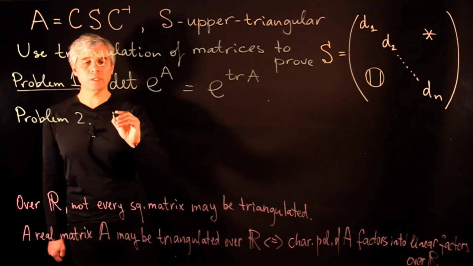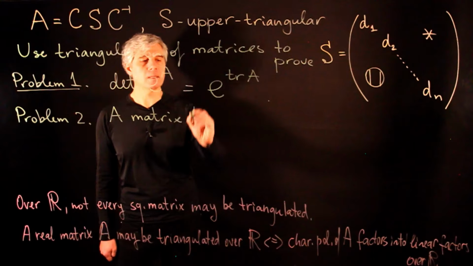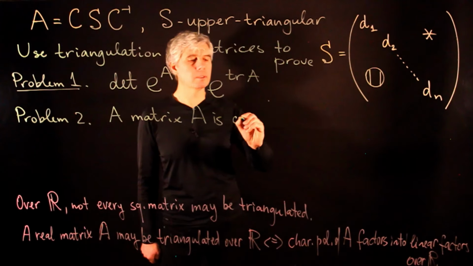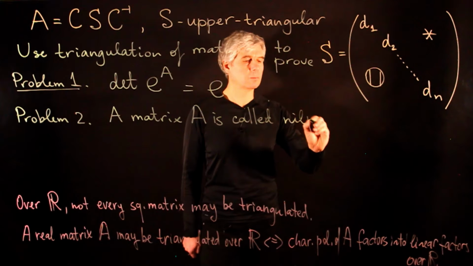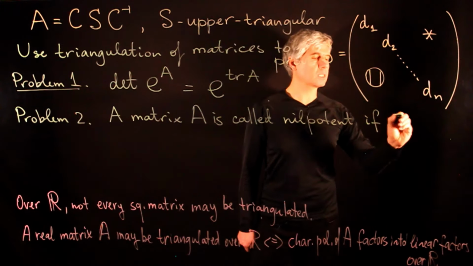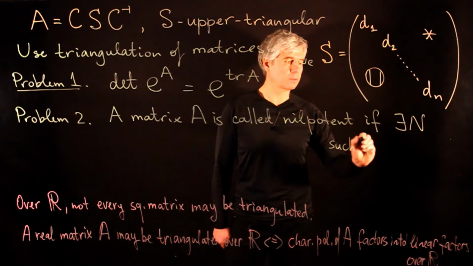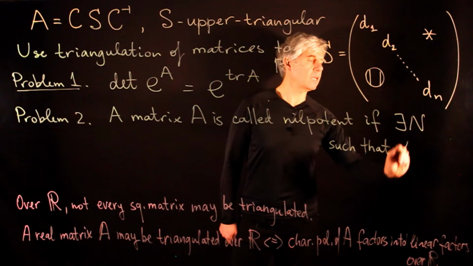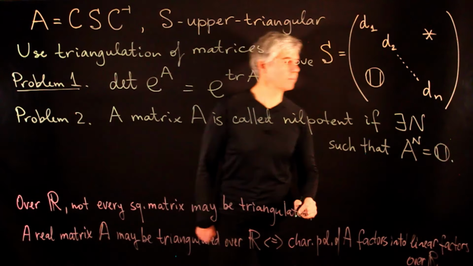So first we give a definition. A matrix A is called nilpotent if there exists a natural number n such that A to the power n is equal to a zero matrix.